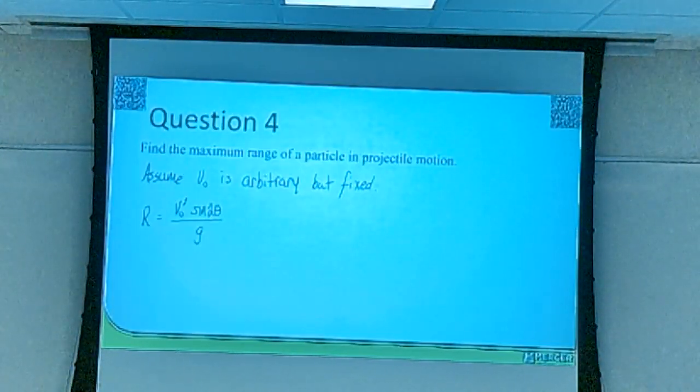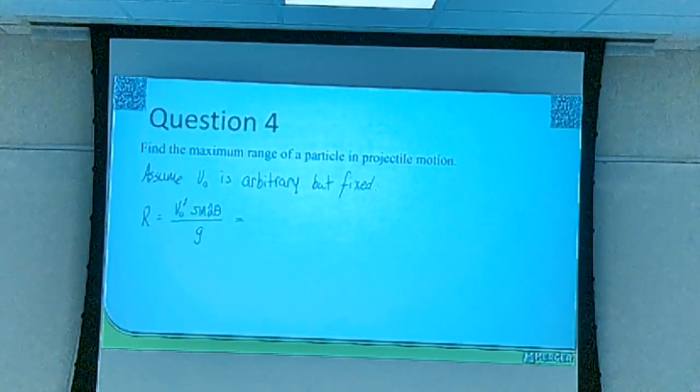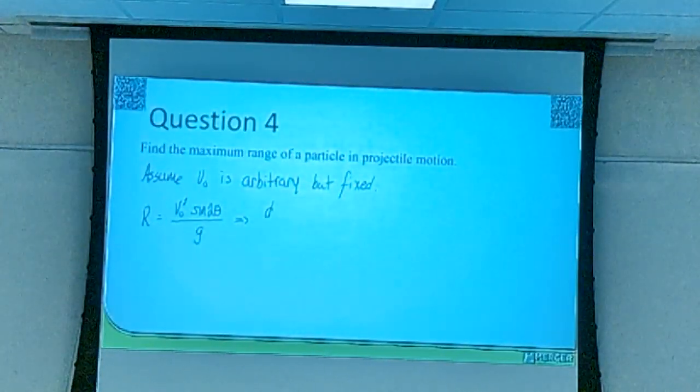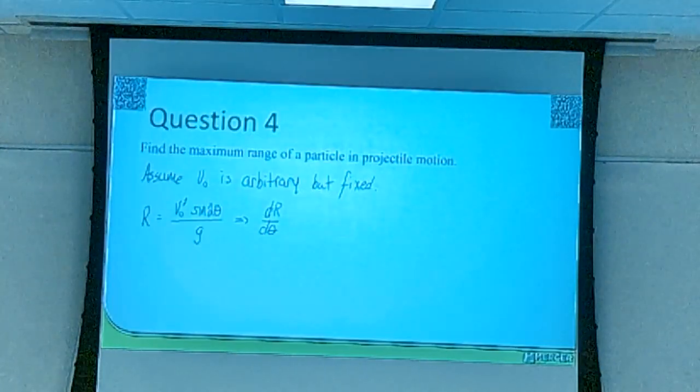How do we maximize something? Since we're assuming that v naught is a constant, we can only differentiate with respect to one variable, and that's theta.